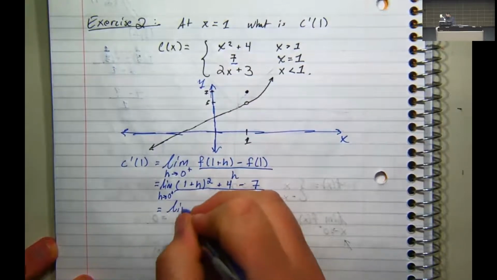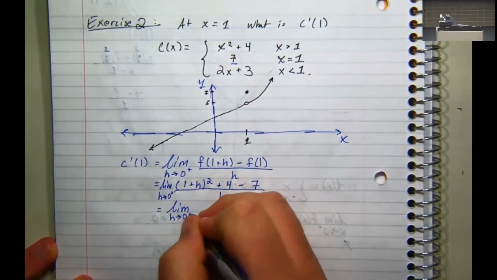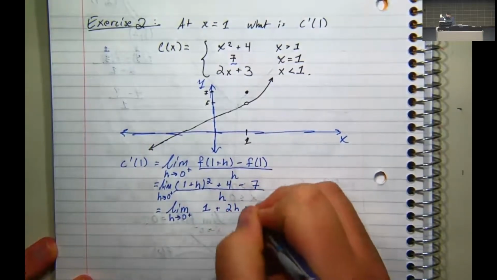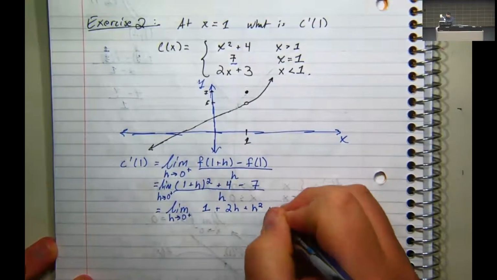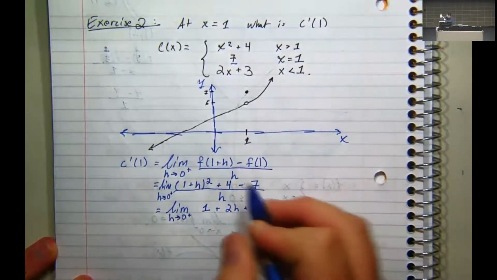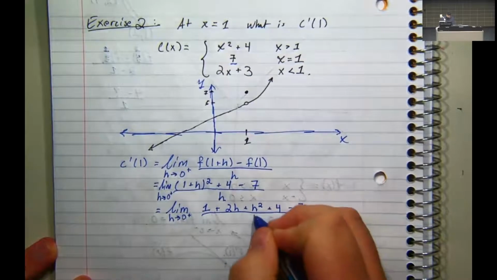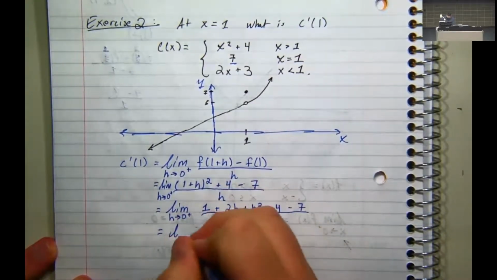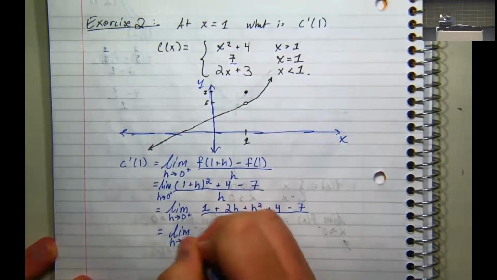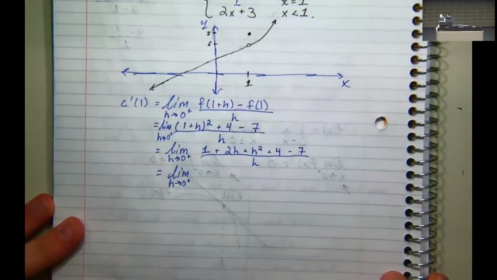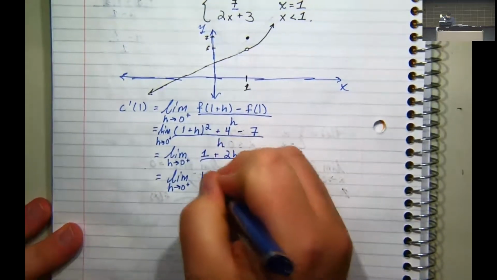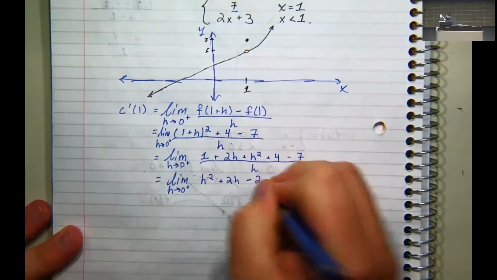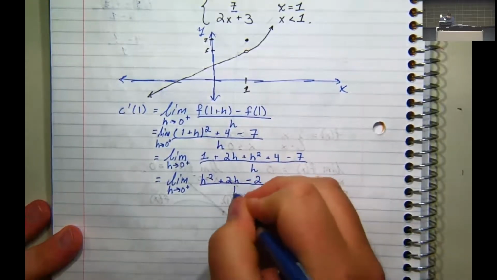Then we get the limit as h approaches 0 from the positive of 1 squared is 1, plus 2h plus h squared, plus 4 minus 7, all over h, which is equal to the limit as h approaches 0 from the positive of h squared plus 2h minus 2, over h.